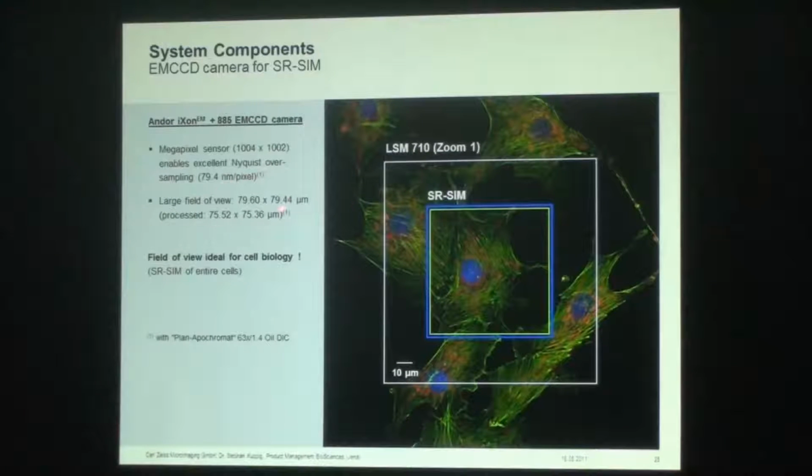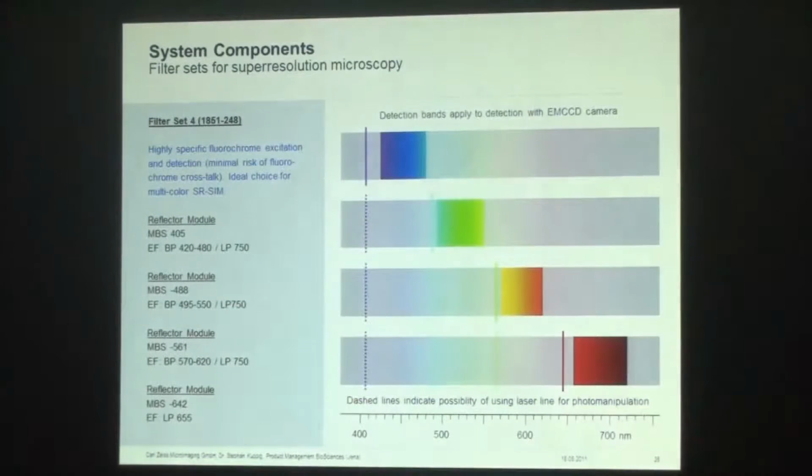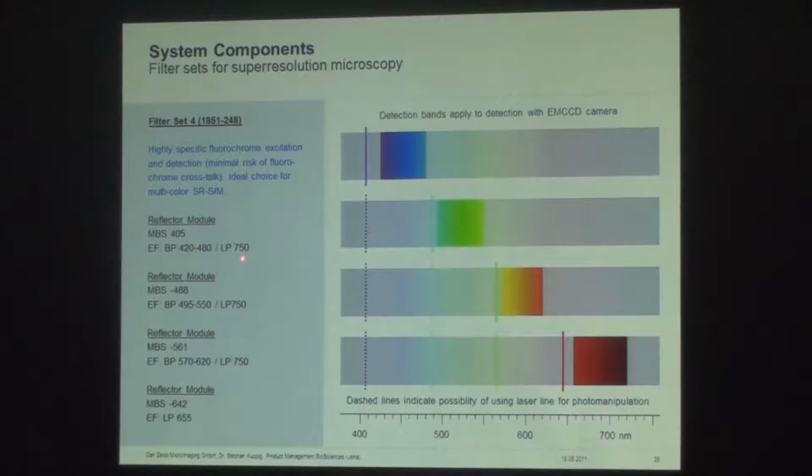But in this system, you get approximately 80 micron by 80 micron with a 63x plan-apochromat objective, and the field of view approximately covers a single cell. And we have a multiple reflector module, all with bandpass filters, as you can see, for DAPI, FITC, rhodamine, and Cy5, typical bandpass for all visible channels.